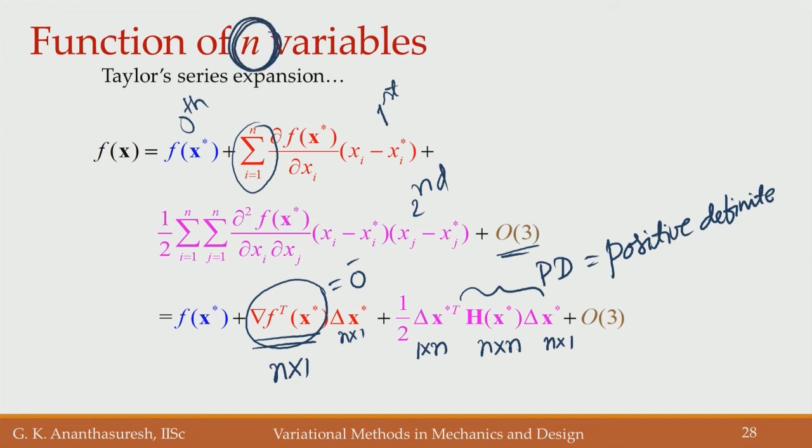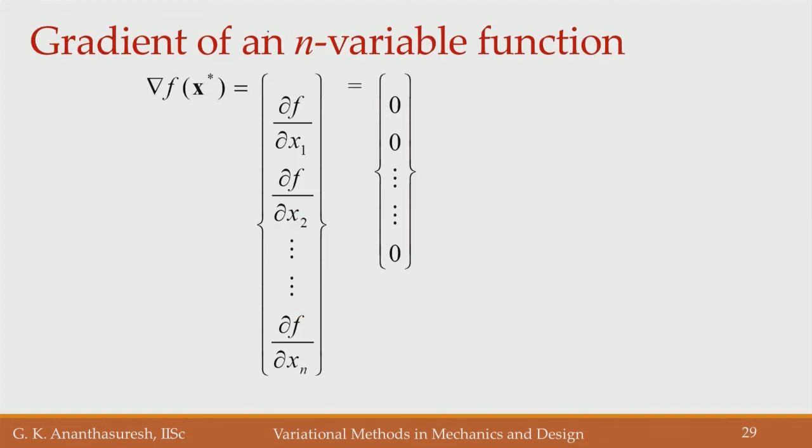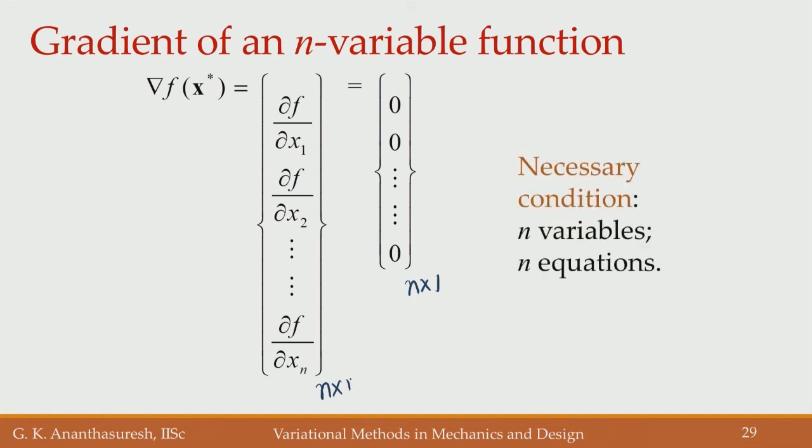In our n dimension problem, there will be bowls and hills and so forth, valleys and hills and so forth, right. So, the necessary condition for an n variable problem is that this gradient in n variables should be equal to the n by 1 zero vector, right. So, we have n equations here in n variables, meaning that we do not know x1 star, x2 star and so forth up to xn star.